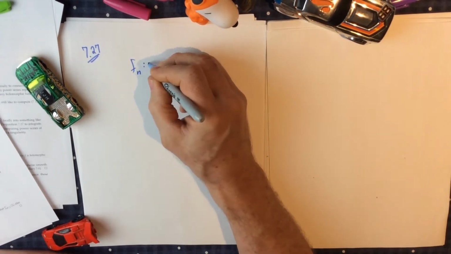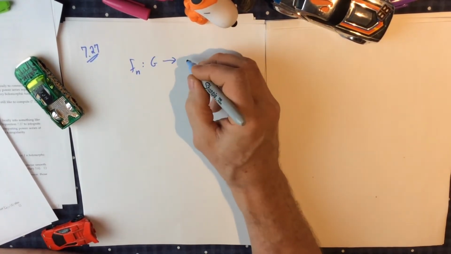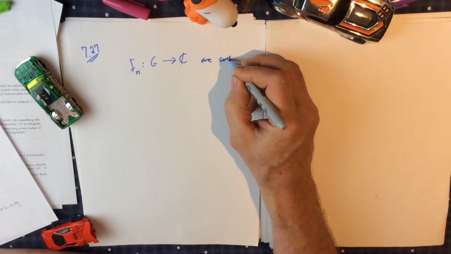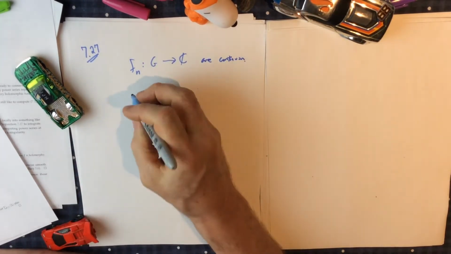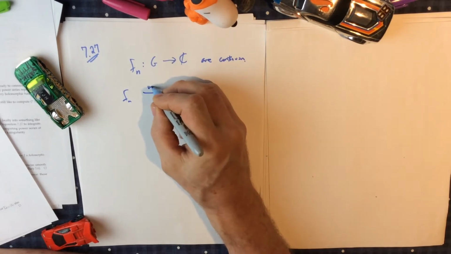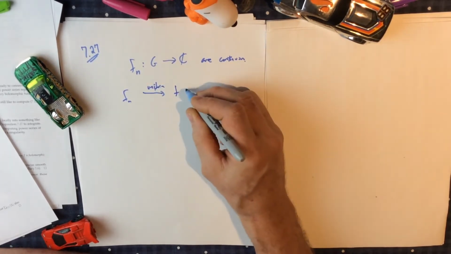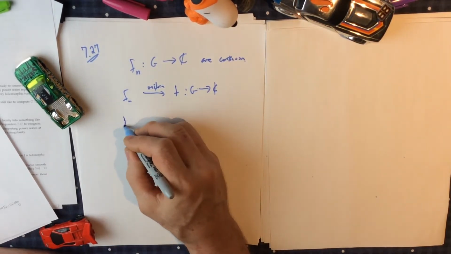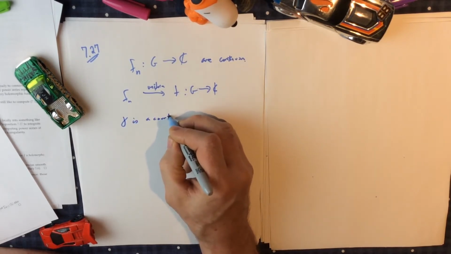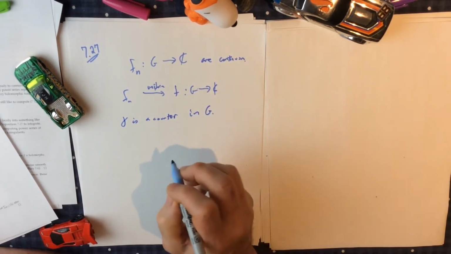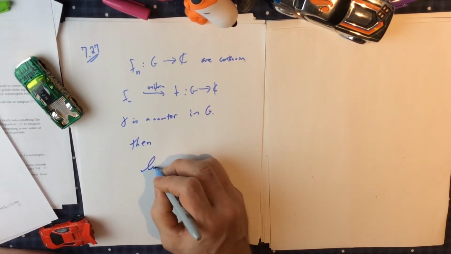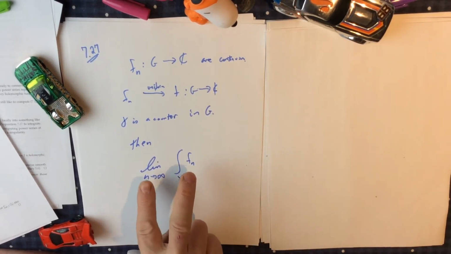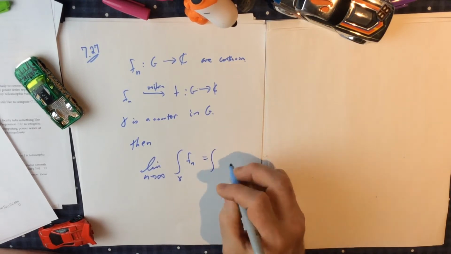If you have a sequence of functions in the complex plane, and they're continuous, we want nice functions, and f sub n converges uniformly to f, which is also in G, and gamma is a contour in G, then the first thing we can do is move the limit inside the integral.